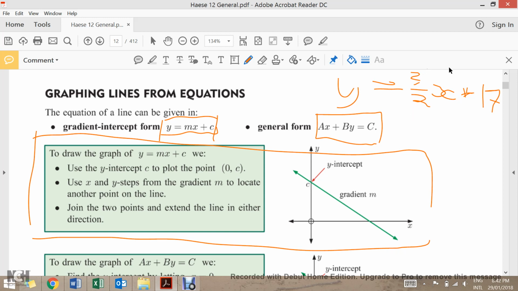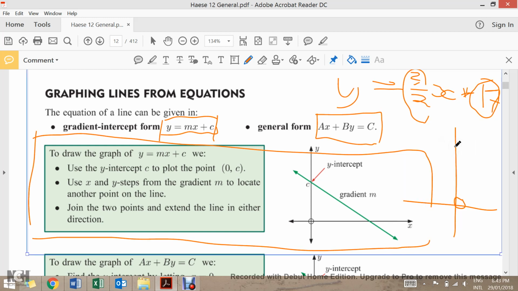Again, this here is the gradient. This here is the y-intercept. You draw your basic graph first, like that. Start with your y-intercept, mark that in there, 17, and then you can start drawing the slope in from there.